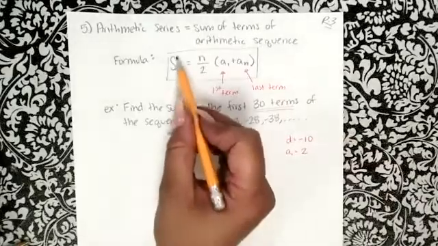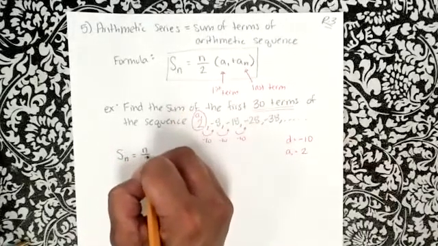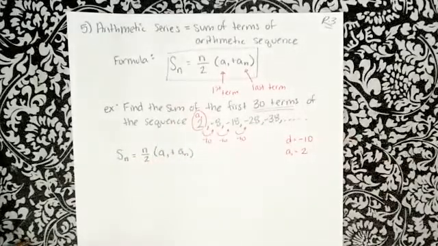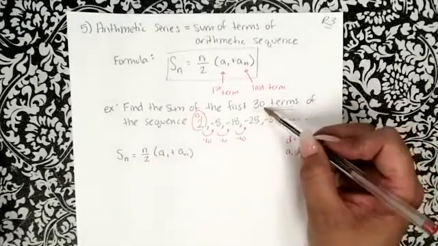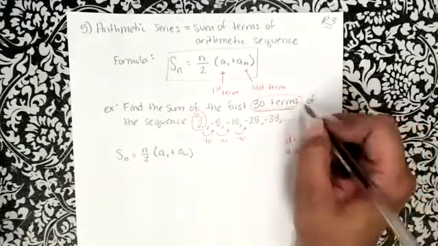So we're finding the sum. We have this formula, S of n equals n over 2 times a1 plus an. Now right here, it says it wants to know the first 30 terms. So this means n equals 30.